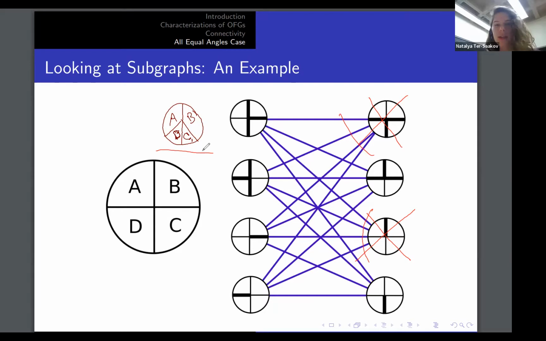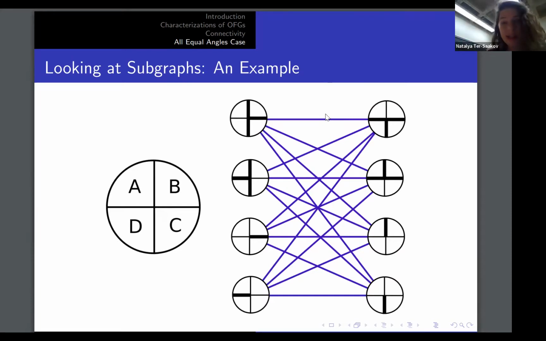And so by studying the all equal angles case, we feel like we have a better grasp of this slightly shifted or every other crease pattern on a single vertex. So there's lots more to be done here. Obviously, we can look at origami flip graphs of multi-vertex crease patterns.